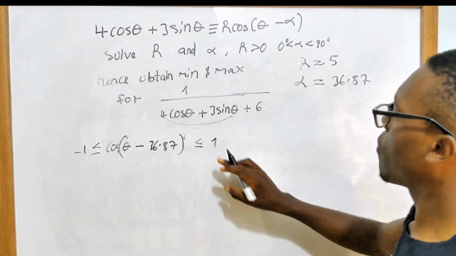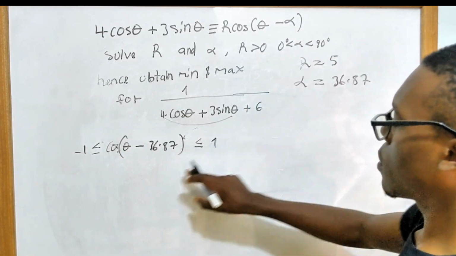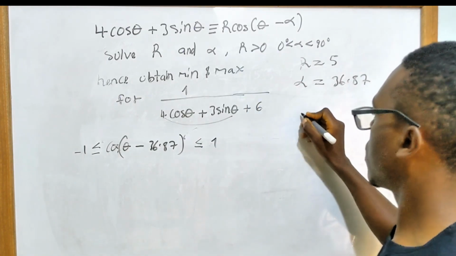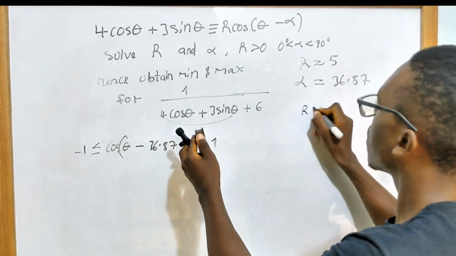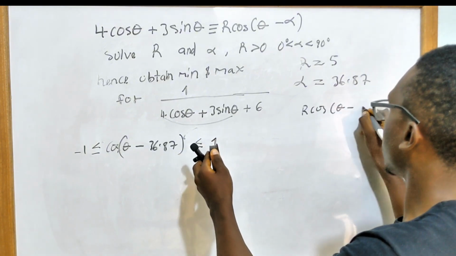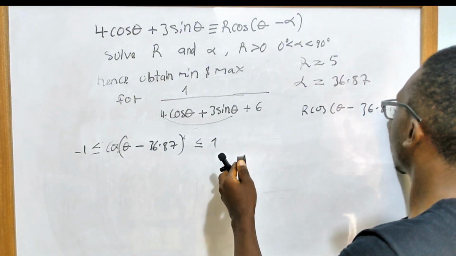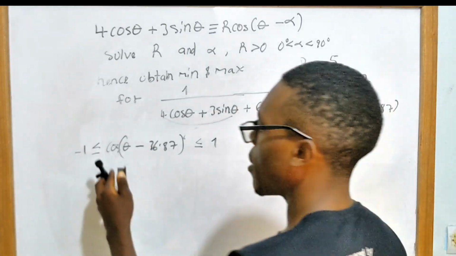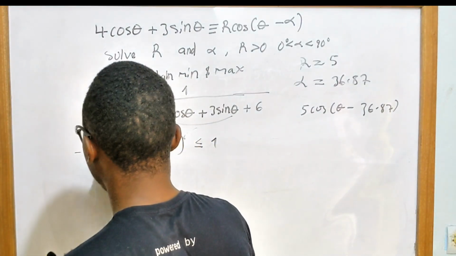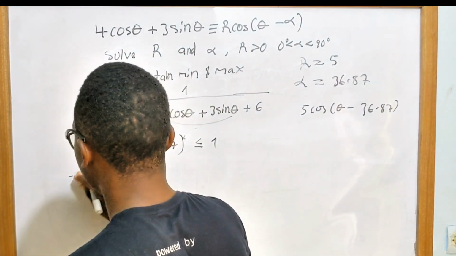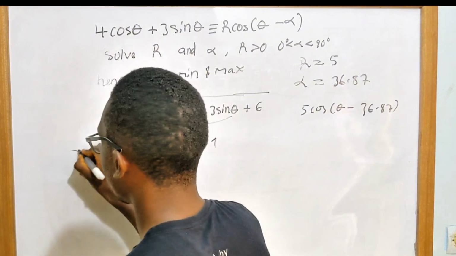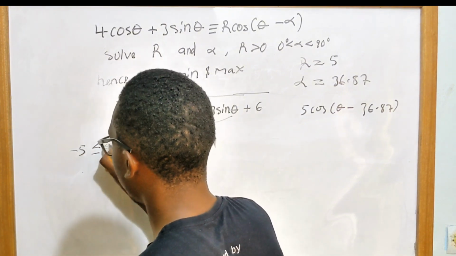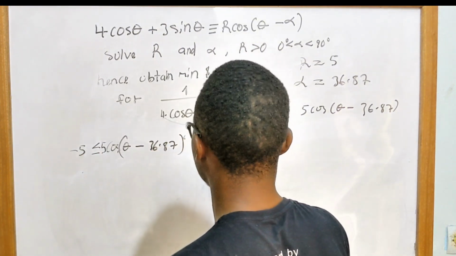Here we have times 5, because we are using r cos(theta minus 36.87), where r is 5. Hence, we multiply by 5, giving -5 less than or equal to 5 cos(theta minus 36.87), which is less than or equal to 5.